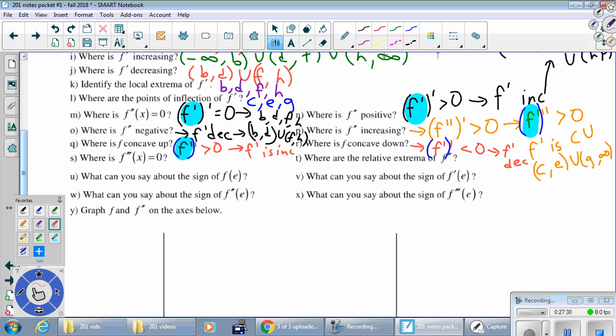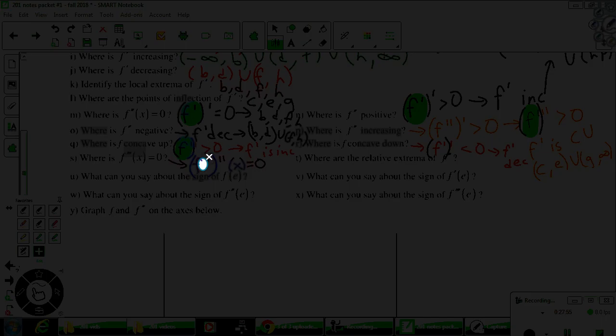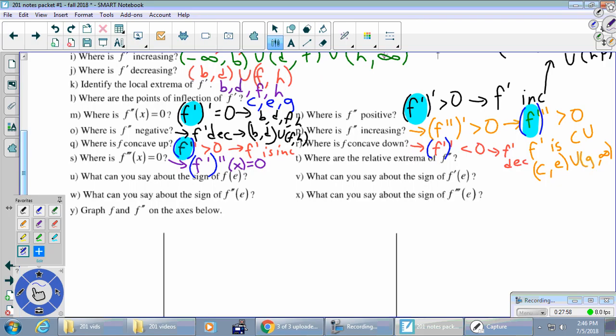Okay, S, where is F triple prime equal to 0? Okay, here we go. F triple prime, I will write it this way, equal to 0. I haven't done anything except given myself space to put my sneaky parentheses in. So where is F triple prime equal to 0? That means that the given graph, which we've been highlighting in turquoise here, its second derivative is 0.